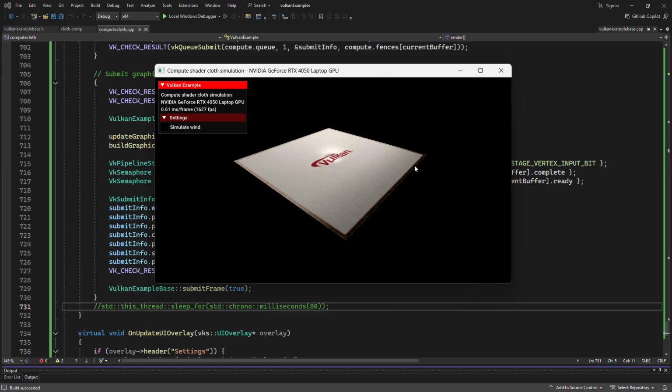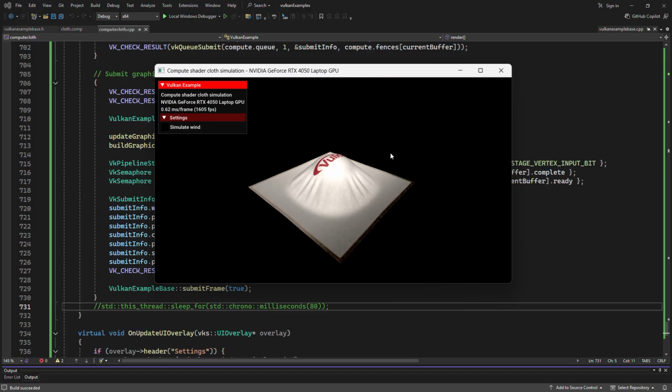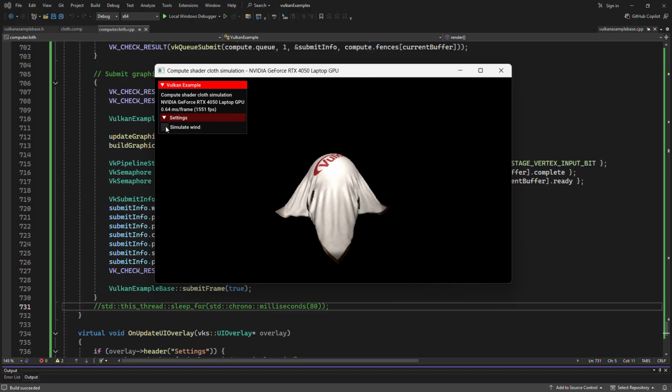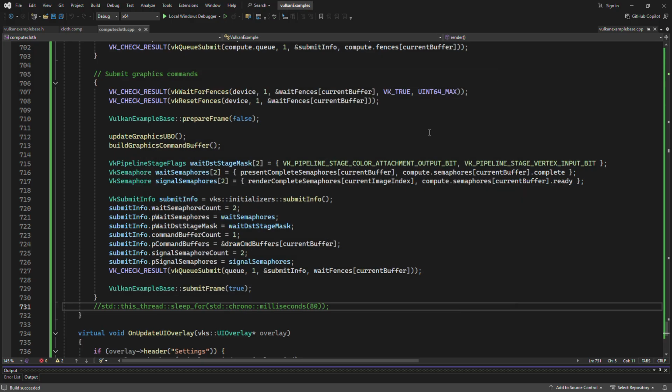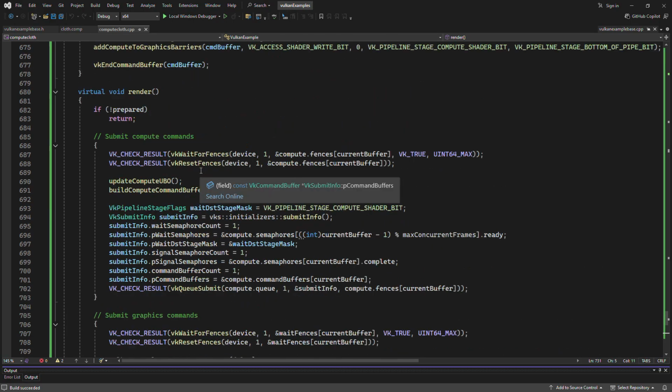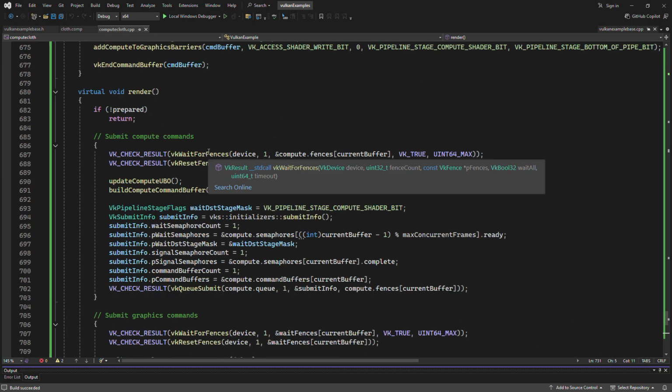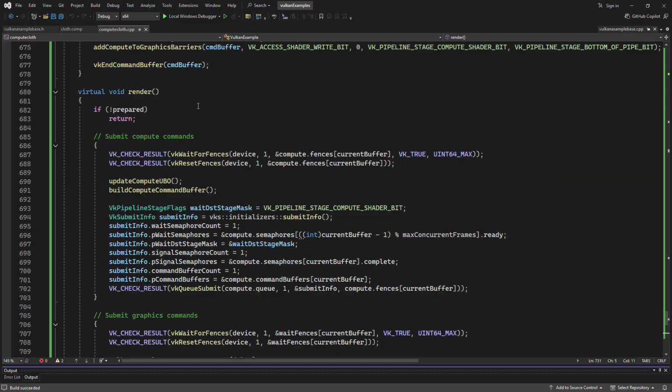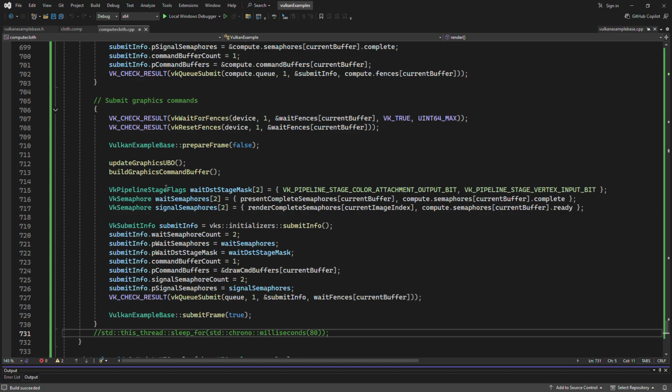You see the sphere there, and the canvas falls on it, and then we get wind. If you've been following this synchronization hell series, you know this already. And we're in the render function. So we are dealing with the render stuff.